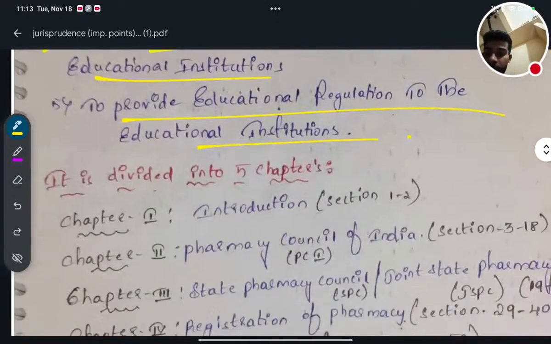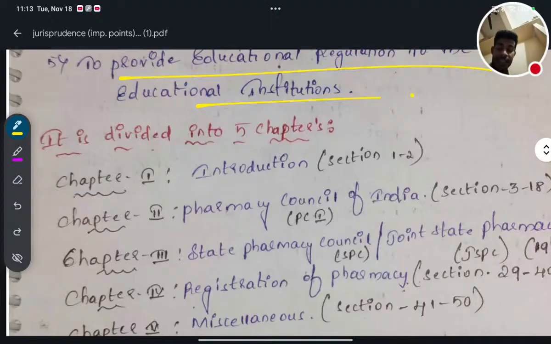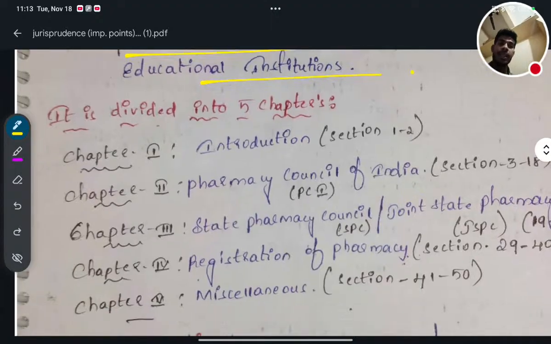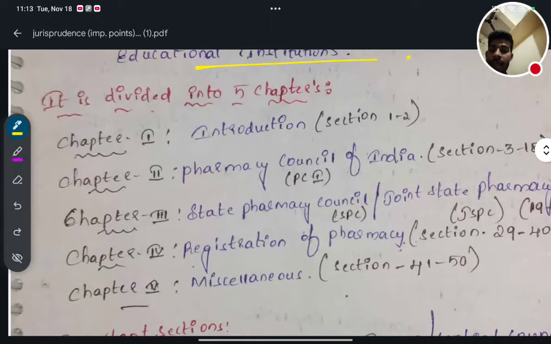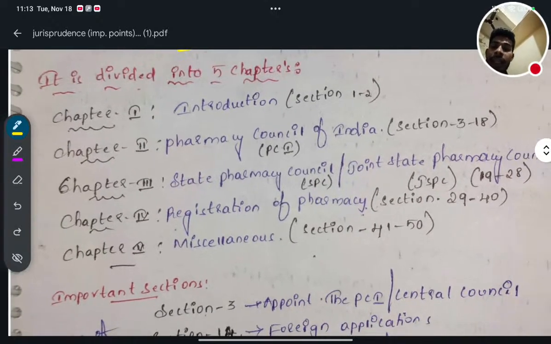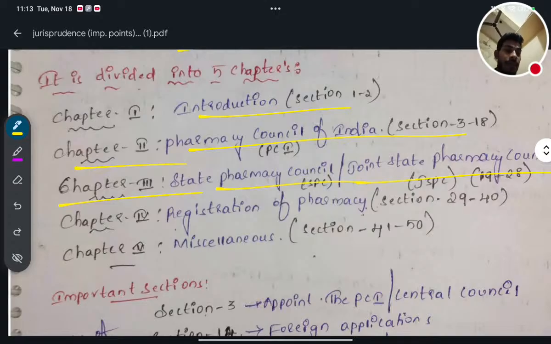Okay. So what are the 5 different chapters present in the Pharmacy Act? In chapter 1, it contains the introduction. It has 2 sections, section 1 and section 2. Chapter 2, Pharmacy Council of India, section 3 to 18. Chapter 3, State Pharmacy Council and Joint State Pharmacy Council.